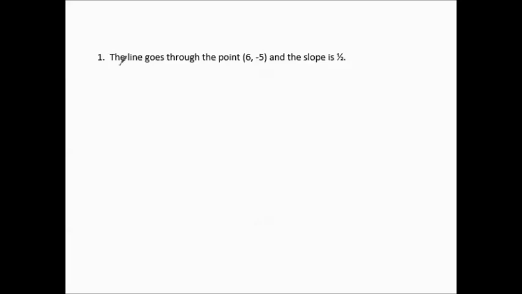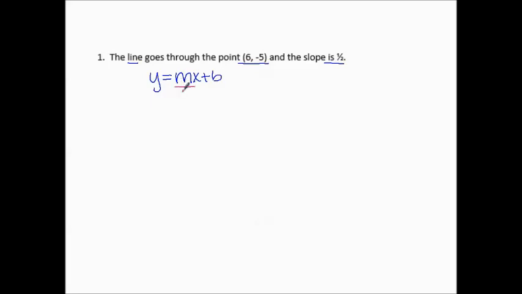In example 1, it tells us that a line goes through the point 6, -5 and has the slope 1/2. And we need to write the equation of the line in slope-intercept form. So I remember that slope-intercept form is y equals mx plus b. So we always need two pieces of information.